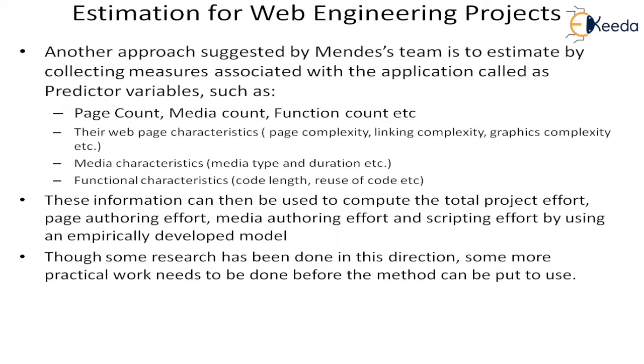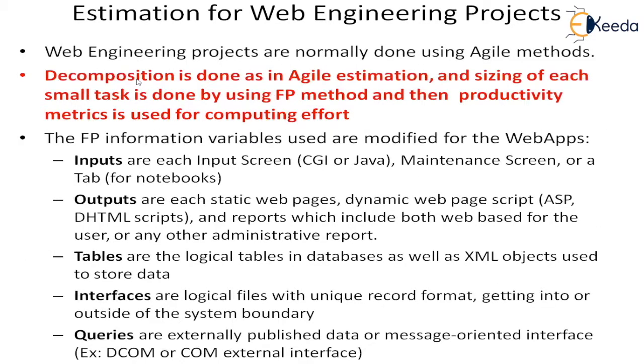Then having understood this, once we have done this, we will count each of these. Then we will use a complexity factor, and we will give some weights as we have done in the FP. Based on the practice of web apps, either we can use the same thing that we are using for the FP, the simple, average and complex weighted factors, or we can modify it based on the practice of our organization.